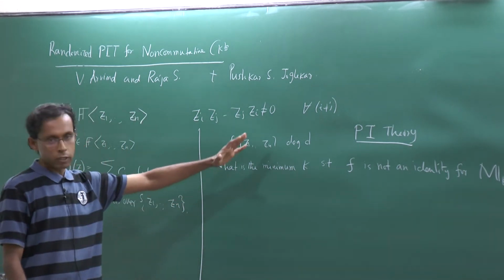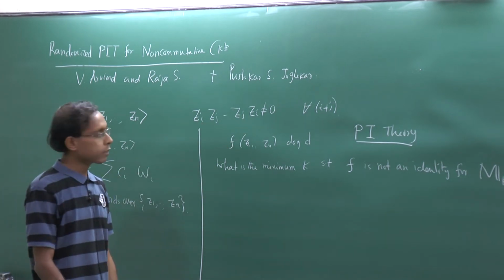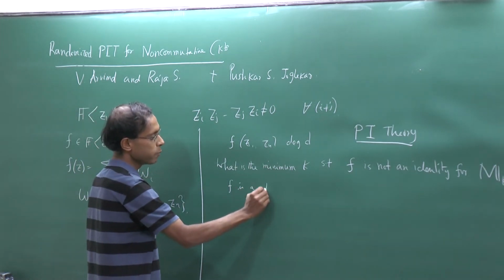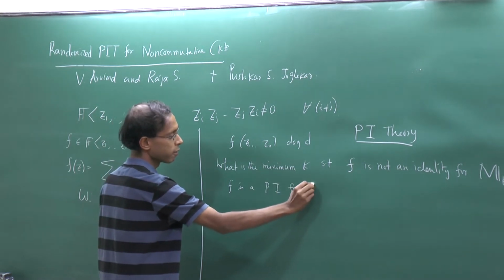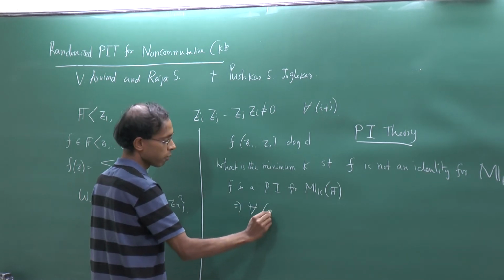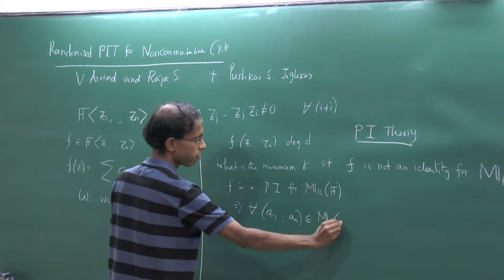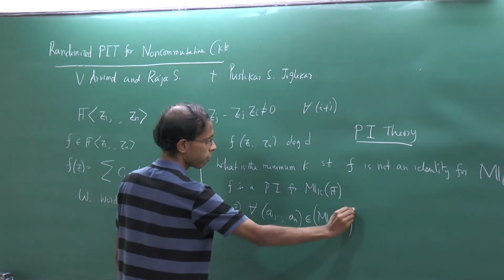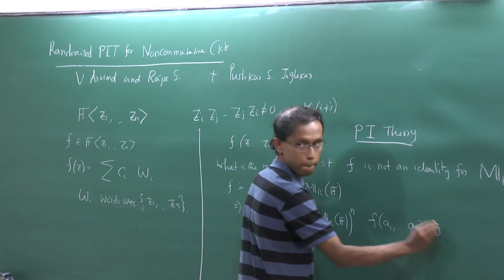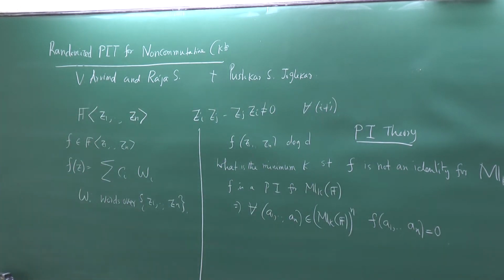This is a typical question that people would like to understand in this line of mathematics. Let me define what I mean by identity. f is a PI for M_k(F) if for all tuples you evaluate the polynomial on any point of that matrix algebra, it will give you 0.